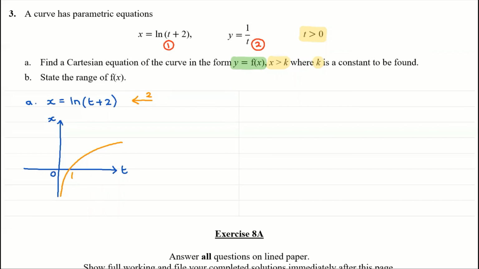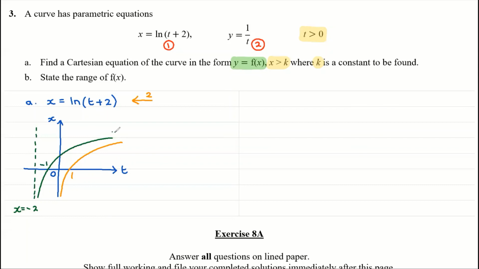So for this x function, it's actually going to look something like this. So it's going to cross at -1. It's going to look something like that. And it's going to have a vertical asymptote at -2. So x equals -2 more specifically. Okay, and then the y-intercept will be at -1.